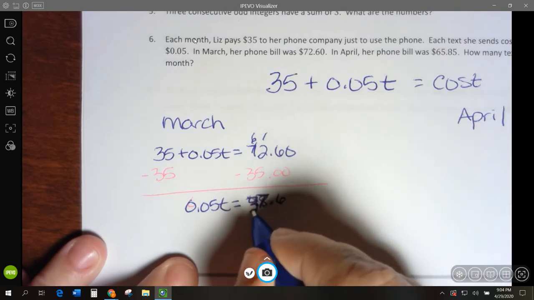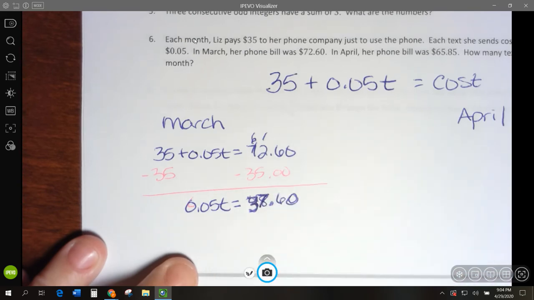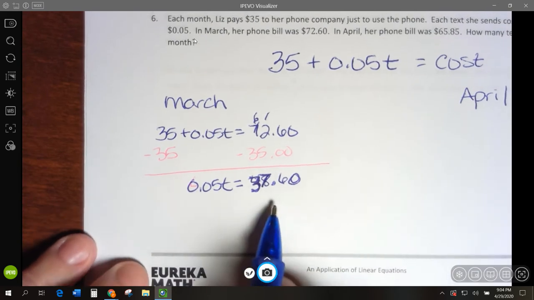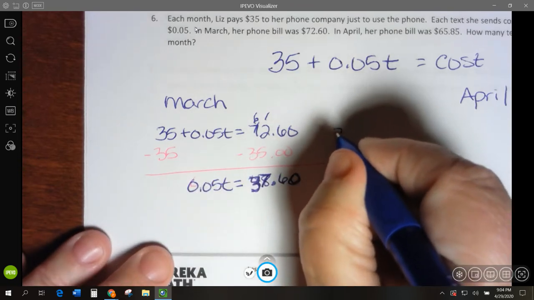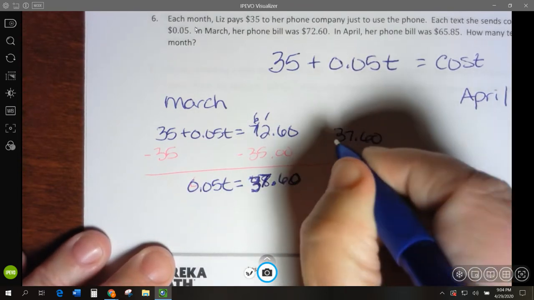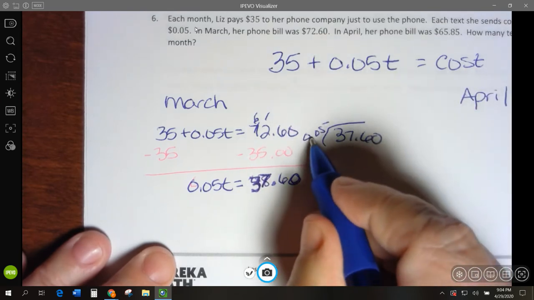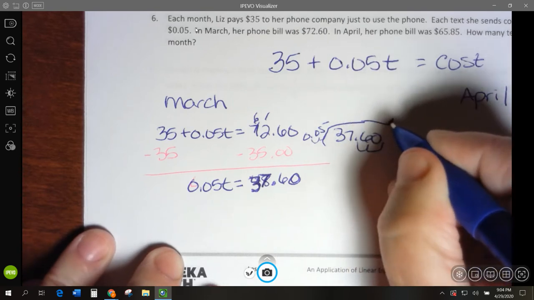I'm sorry about that. Okay, so we got to take 37.60 and divide it by 0.05. Got to move this over twice, so we move this over twice. Bring the decimal up here.